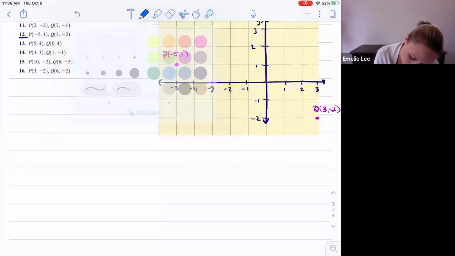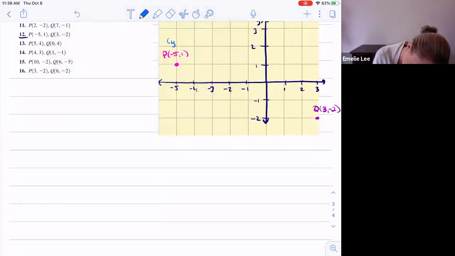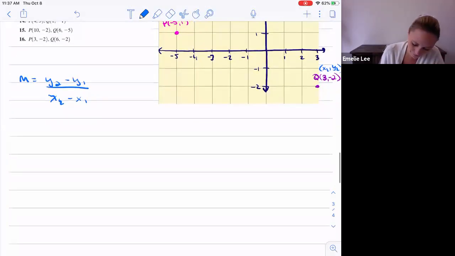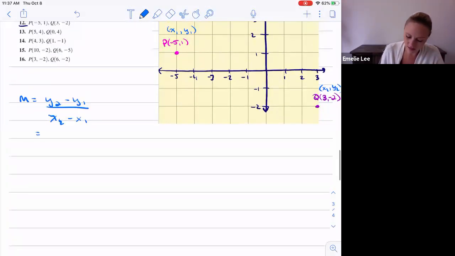So if we let this be x1, y1, and this be x2, y2, then the slope, which is going to be y2 minus y1 over x2 minus x1, is going to be, okay, y2 is -2 minus y1, which is 1, over x2, which is 3, minus x1, which is -5.